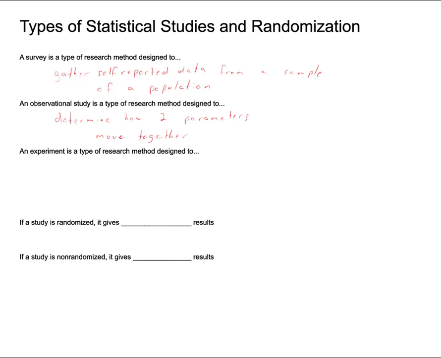Now, this is different from experiments, and this distinction is important and often tested on the ACT. Experiments are research methods designed to establish or show a causality.